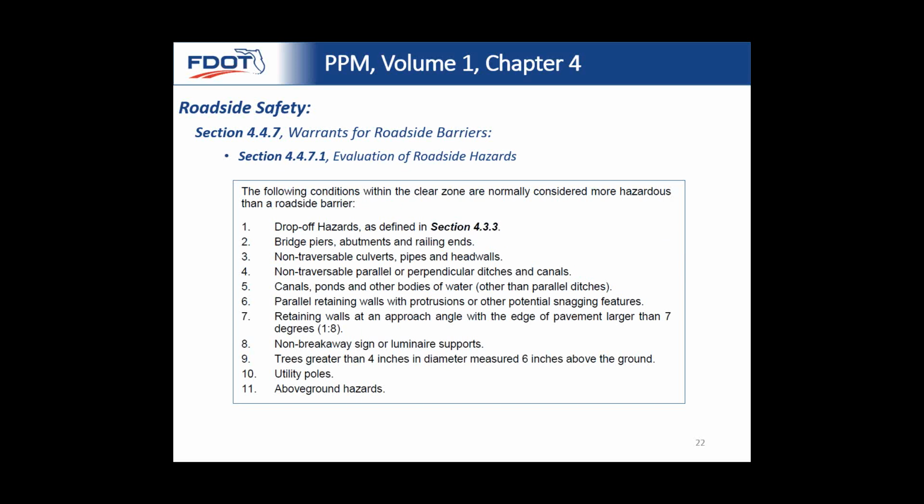As we reorganized the chapter, we also relocated a lot of the barrier warrant information to later sections, and again, that's to help the chapter flow a little bit better.